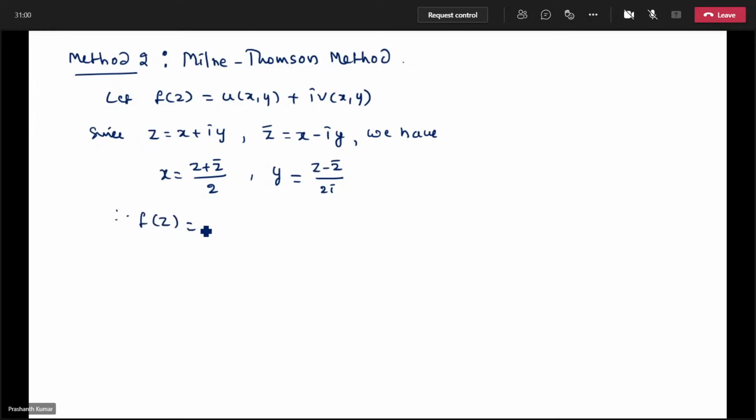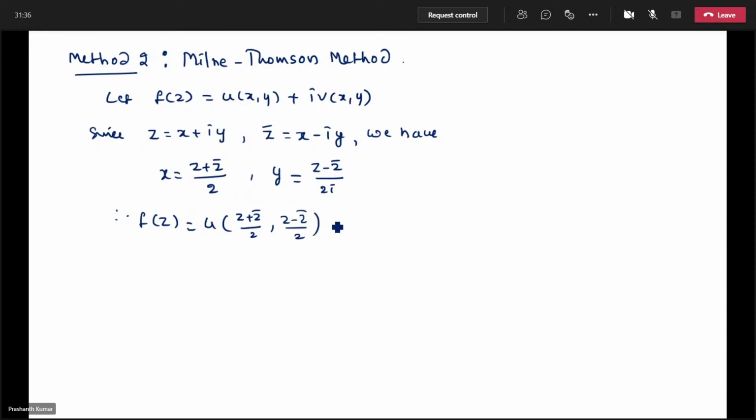f of z is given as u of x, y plus i times v of x, y. x is this one, y is this one. So this is the reverse substitution: instead of x and y, we write them in terms of z. So that means (z plus z conjugate) by 2, comma, (z minus z conjugate) by 2i.